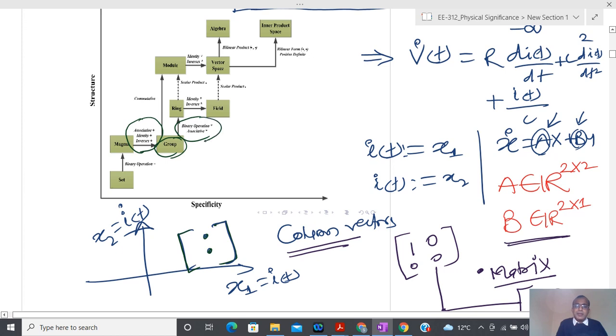Now, not scalar multiplication, just multiplication. If they satisfy the property of associativity, then we call it a ring. Now if they satisfy two more properties, identity and inverse, then we define that as a field.